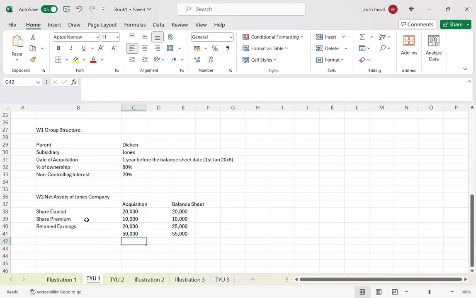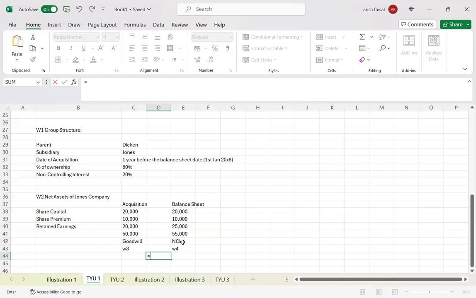Now, once you have done this working number two, you need to understand that this 50,000 is something which we will use for the working of goodwill, which is mentioned as working three. And this 55 would be used for working number four, where you will find out the value of the NCI. And the difference between them, which is 5,000, is relevant for working number five, where we will find out the group retained earnings.